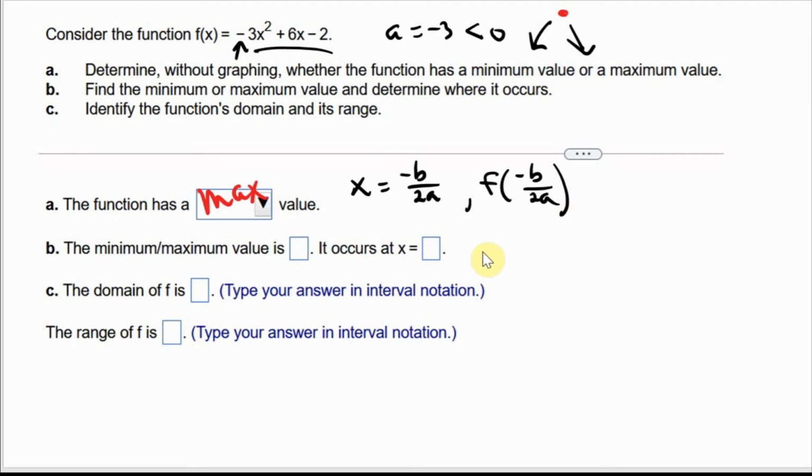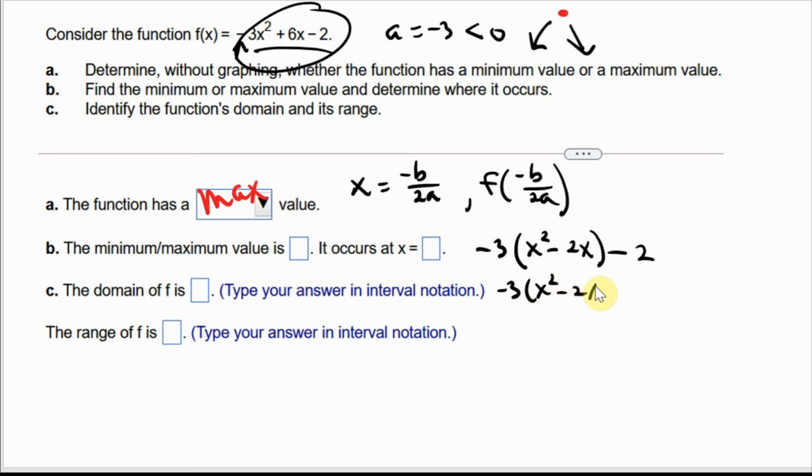So we go back to the problem, factor out that negative 3 from the first two terms. This is x squared minus 2x. Then on the outside, we got that minus 2. It's negative 3 times x squared minus 2x. Take half of the coefficient of x, that's the negative 2. Take half of that, we get negative 1. Square it, we get 1. So we're going to add 1 and subtract 1 within the parentheses, minus 2.